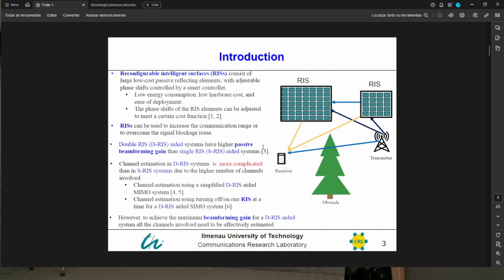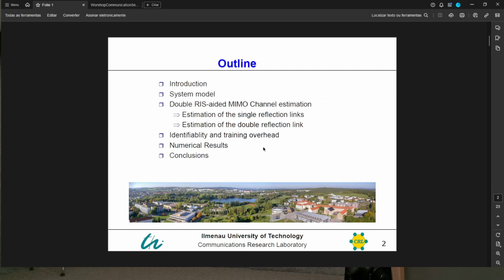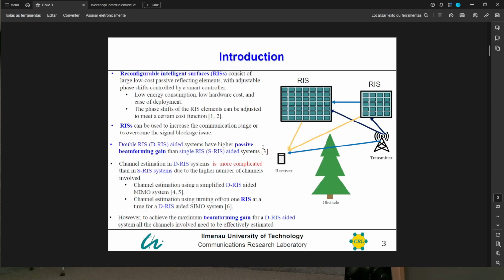By way of introduction, RIS, reconfigurable intelligent surface, consists of large low-cost passive reflecting elements that can be configured. The phase shift of these elements can be configured to achieve a specific purpose.